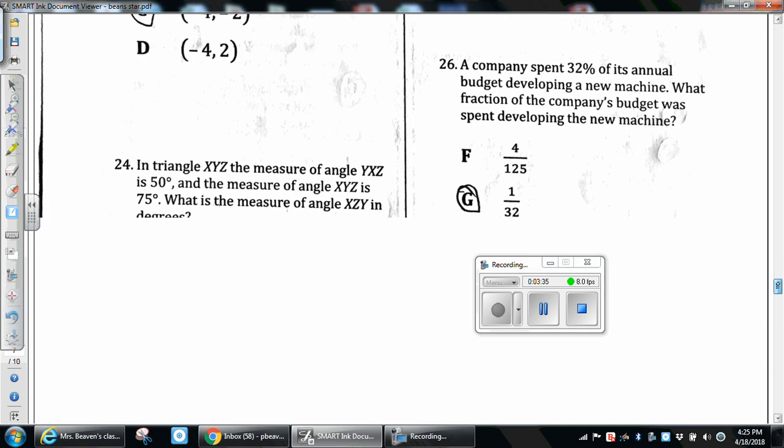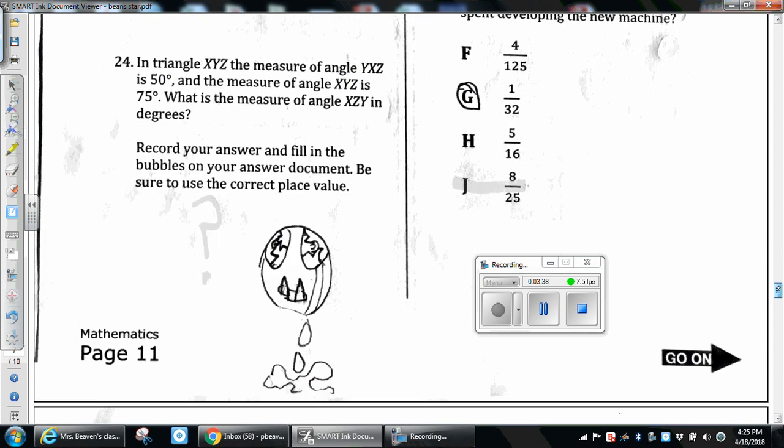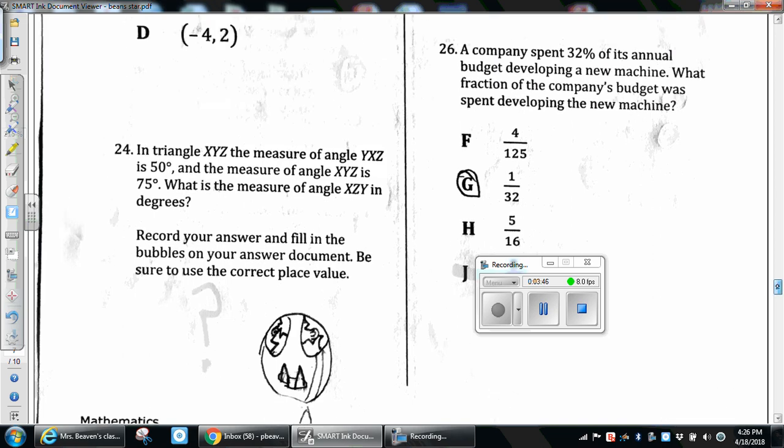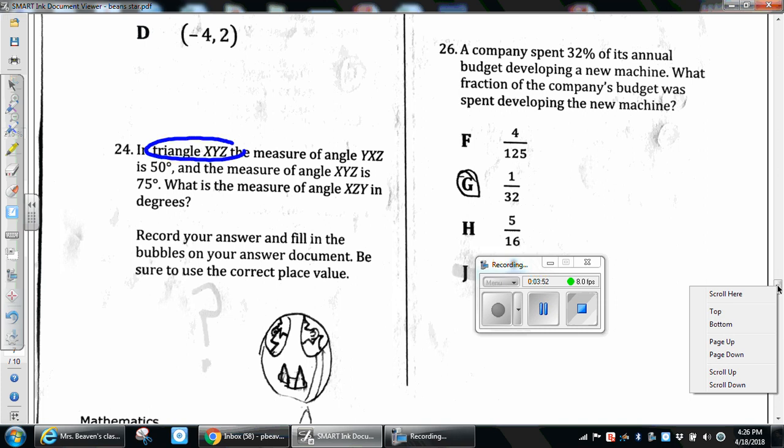to question 24, and we have a triangle. In a triangle with the measures x, y, z. So the name of the triangle is x, y, z. The measure of the angle YXZ.